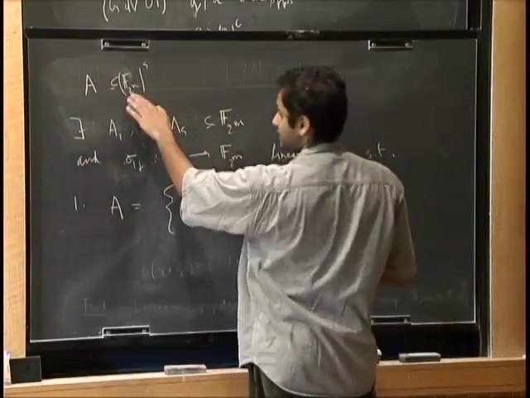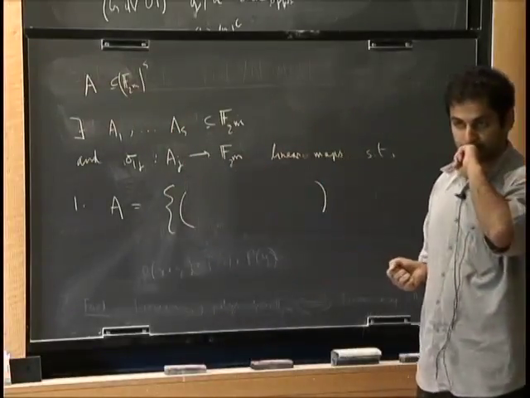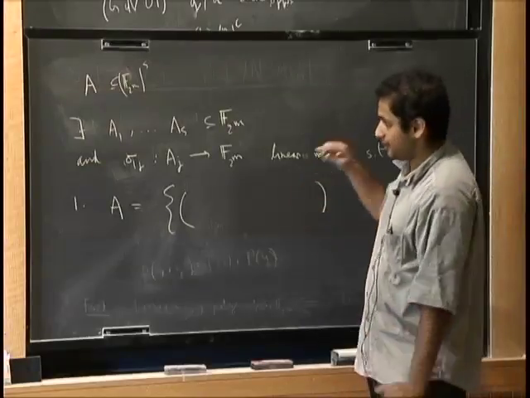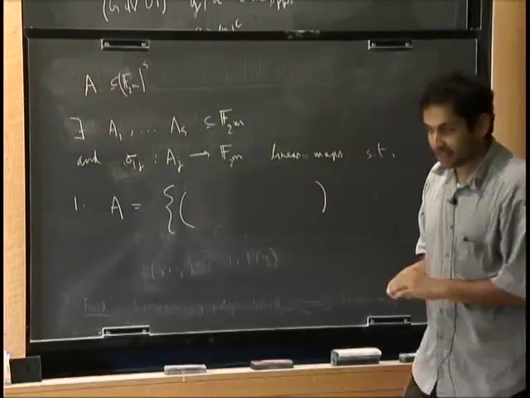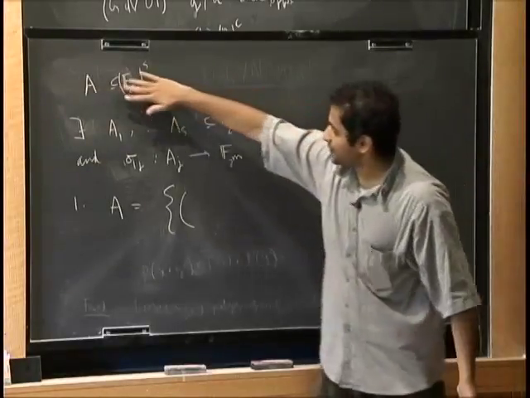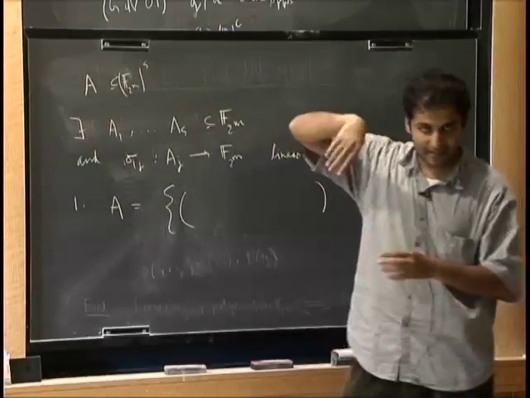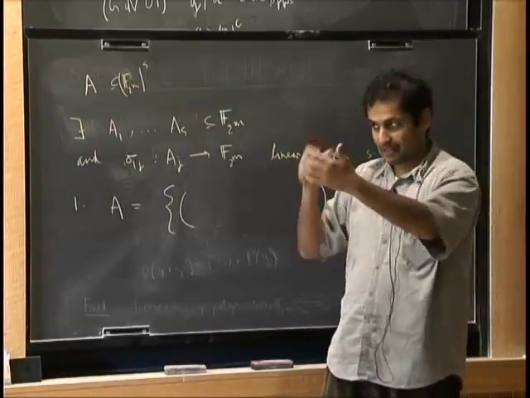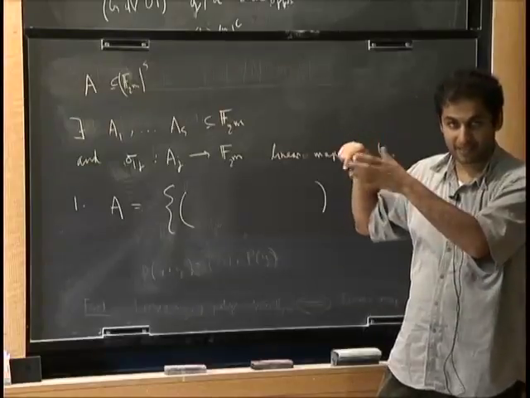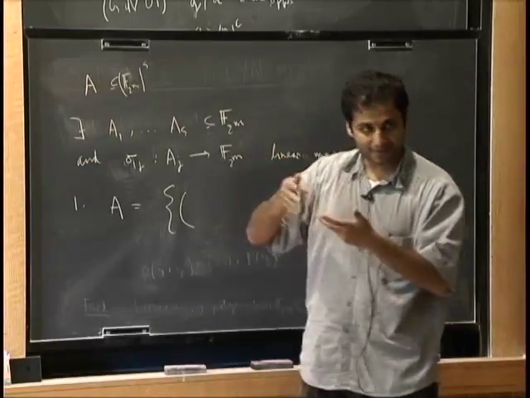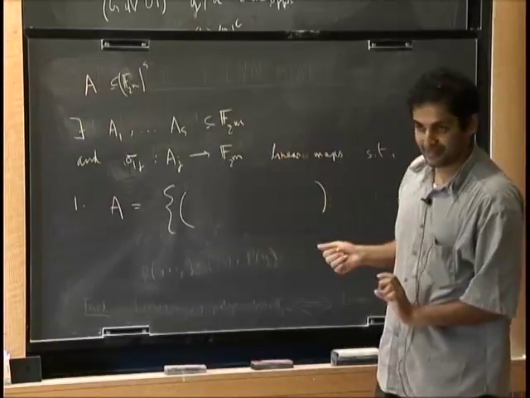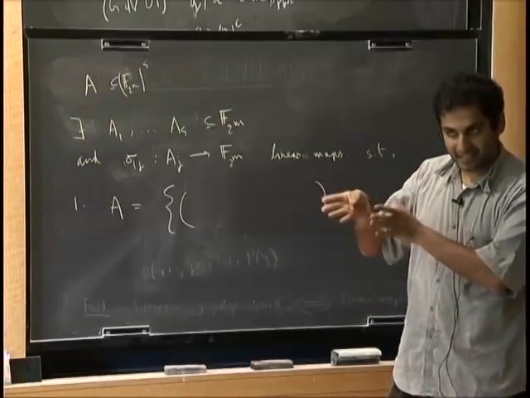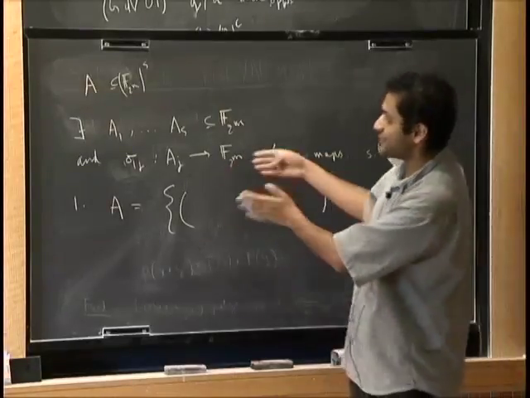So you are going to diagonalize this subspace. We're going to take the basis for A written as the rows of a matrix, and I'm going to put it in echelon form, and it will lead to the following decomposition.